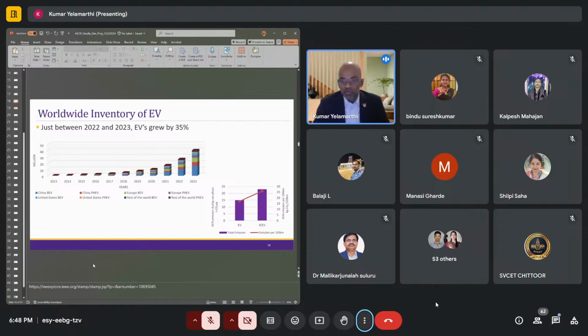And what I want you to look into is, number one, it is growing exponentially. Number two, the growth between 22 and 23 is astronomically 35%, and that number is increasing by the day. If we grow again by 35% from 40 million, that is going to be 60 million.